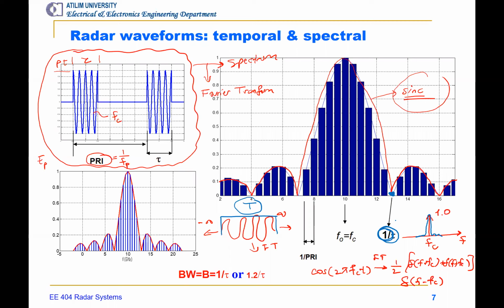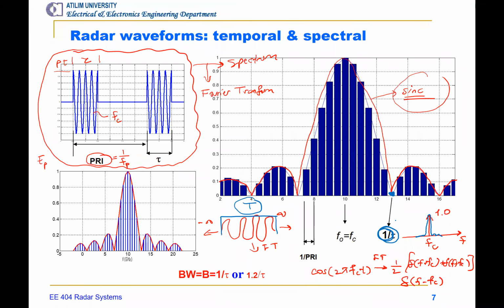And tomorrow, or the day after tomorrow, I'm sorry, and next week, you will be experimenting with some radar waveforms in the laboratory, where you will see how a radar waveform is transformed into frequency domain or measured in frequency domain and how it looks when you change its parameters.